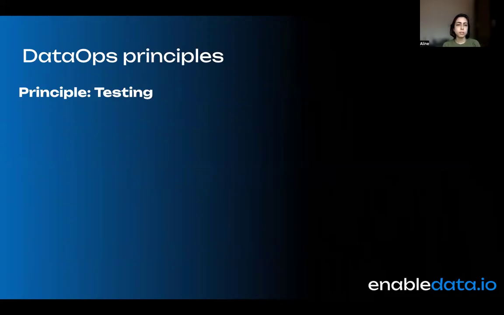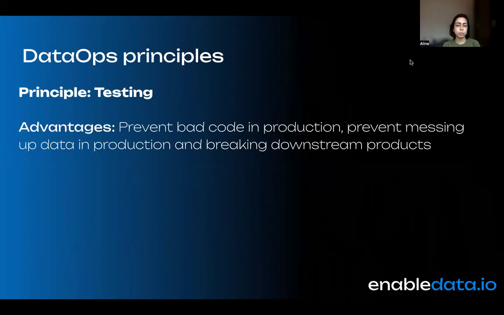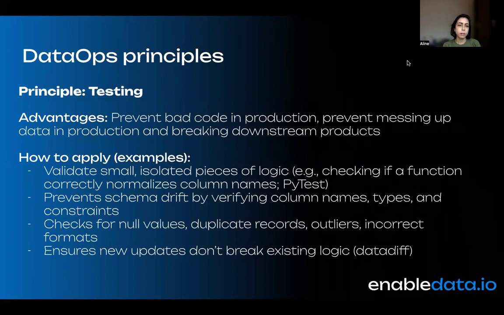Another principle is testing. As I said previously, I was going to mention this. The advantages are preventing bad code in production, preventing messing up data in production, and breaking downstream products such as dashboards or models. And how to apply it? In this case, you need to have atomic code to be able to validate isolated pieces of logic.